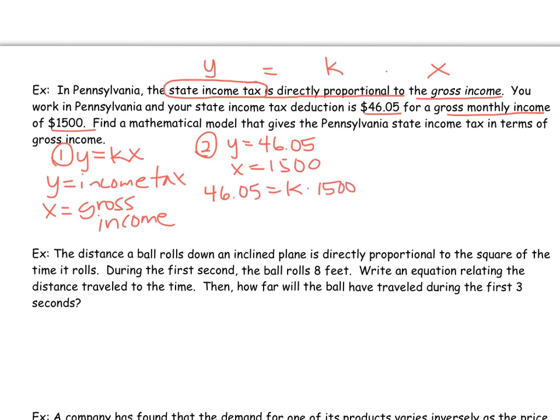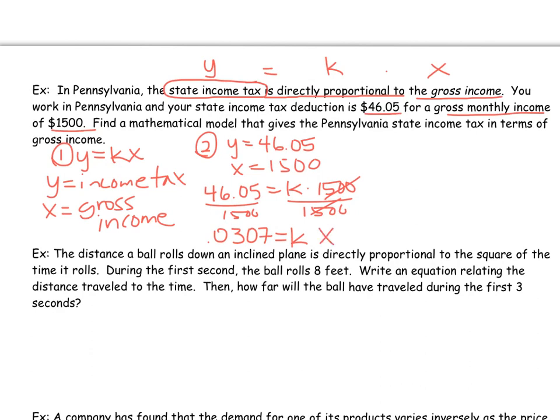To get k by itself, you simply divide. If you divide 46.05 by 1,500, we get k equals approximately 0.0307. And that would be an approximate 3% tax based on moving the decimal two places in percentage form.